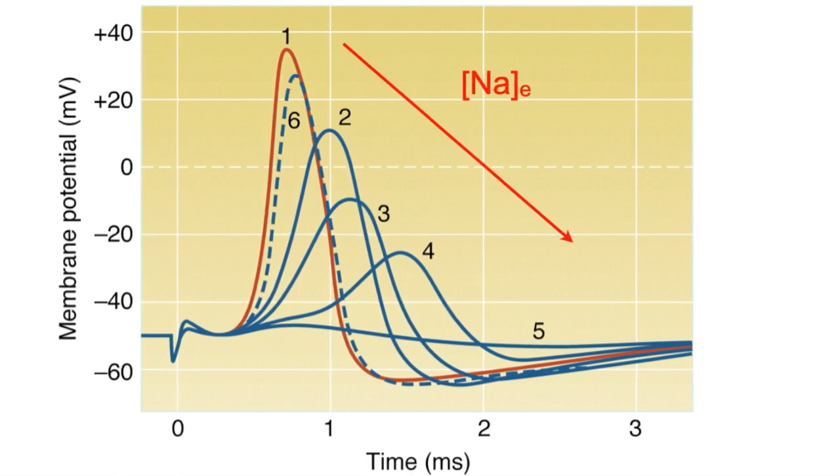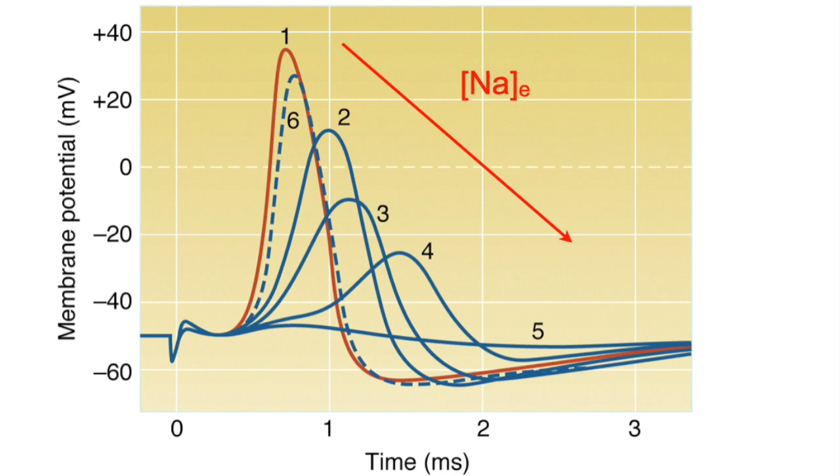So we see these numbers 1, 2, 3, 4, 5. These were all action potentials recorded with progressively less and less sodium. Not surprisingly, the amplitude would go down because less sodium in the extracellular space would reduce that concentration gradient, reduce that driving force, and reduce the amount of current that would flow through those sodium channels.